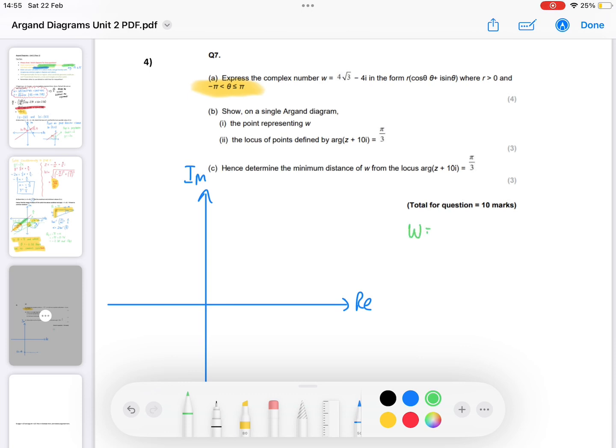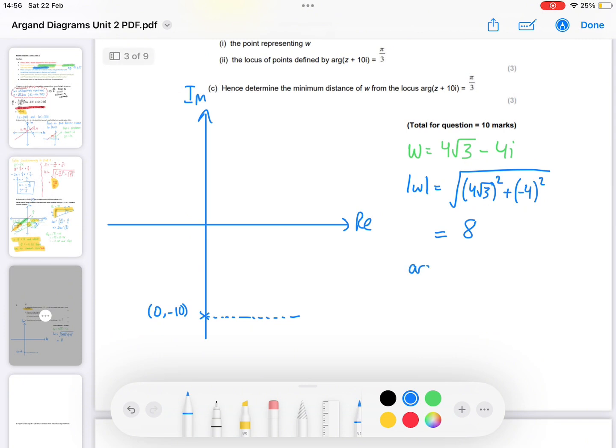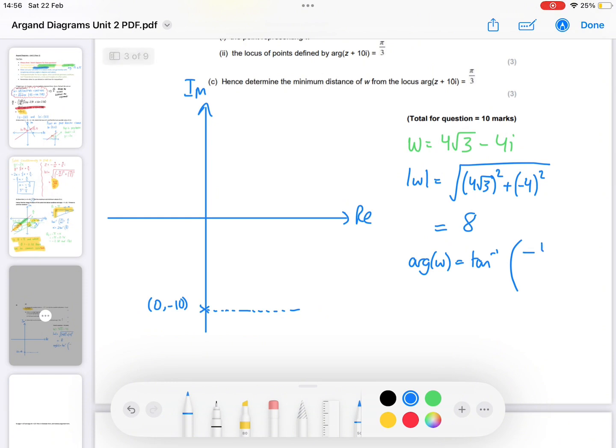So w equals 4 root 3 minus 4i. The modulus of w is going to be the square root of 4 root 3 squared plus minus 4 squared, which gives 8. And for the argument of w, we will do inverse tan of minus 4 over 4 root 3, which is obviously arctan of minus 1 over root 3.